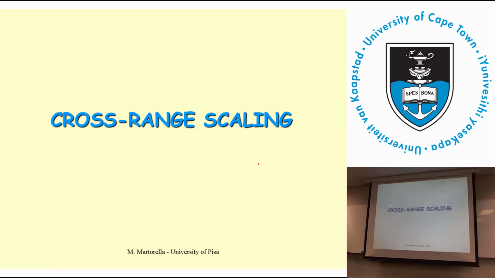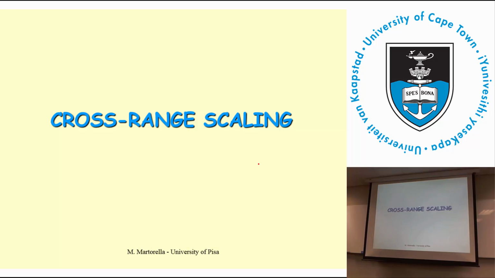And we mentioned before cross-range. Cross-range direction means across the range. That direction needs to be scaled if we want to form images that are fully scaled in spatial coordinates.